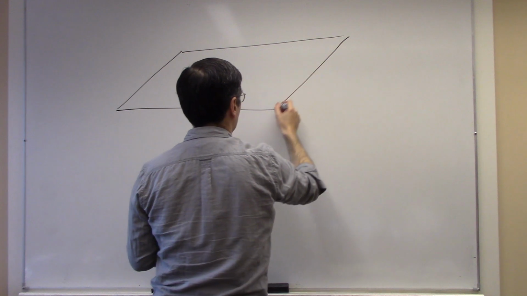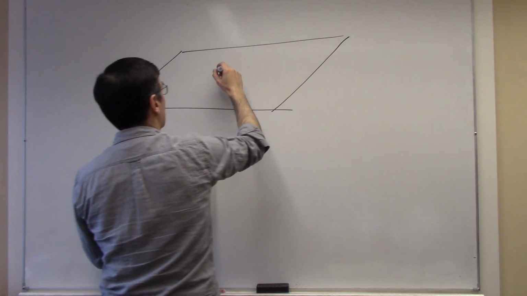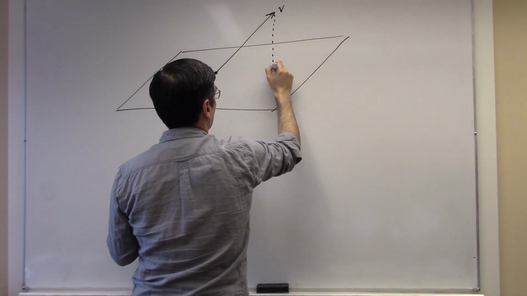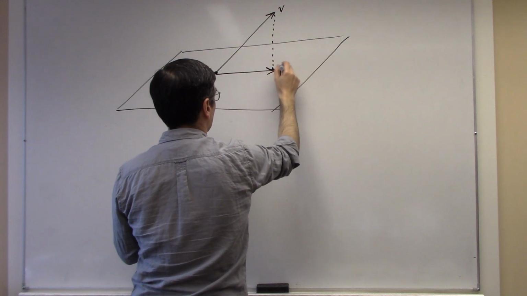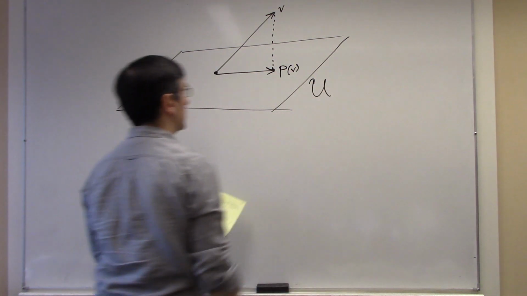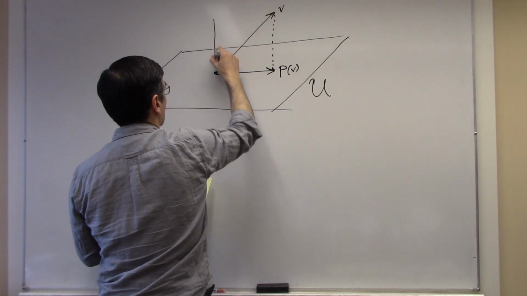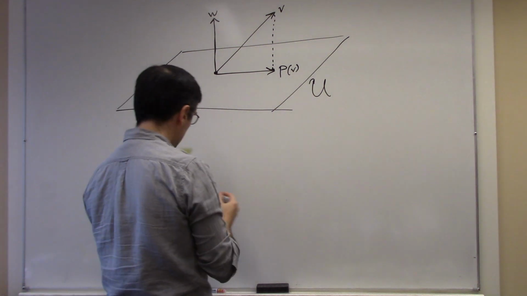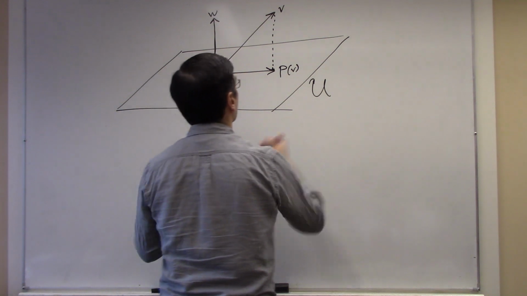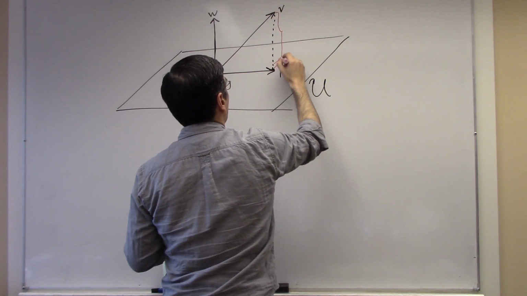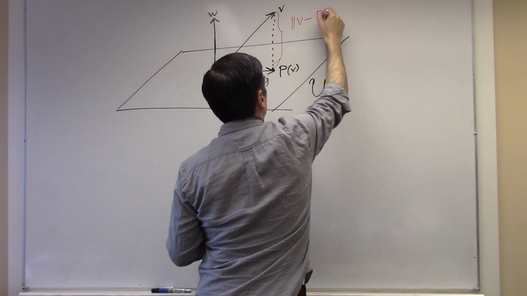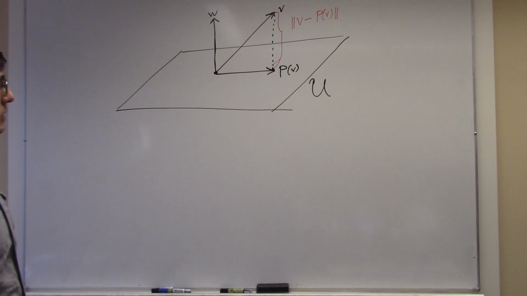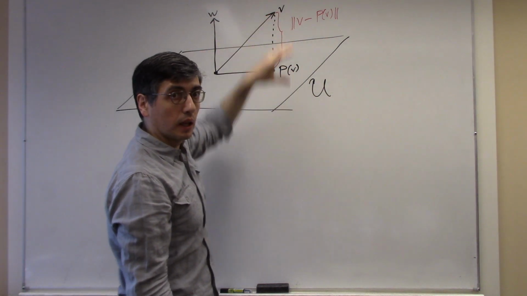So if you're maybe working with a plane, and this is your V, that is V. This is PV, this is the subspace U, and this is your W. Right, and this dotted line is the distance between PV and V. So we are minimizing this length.